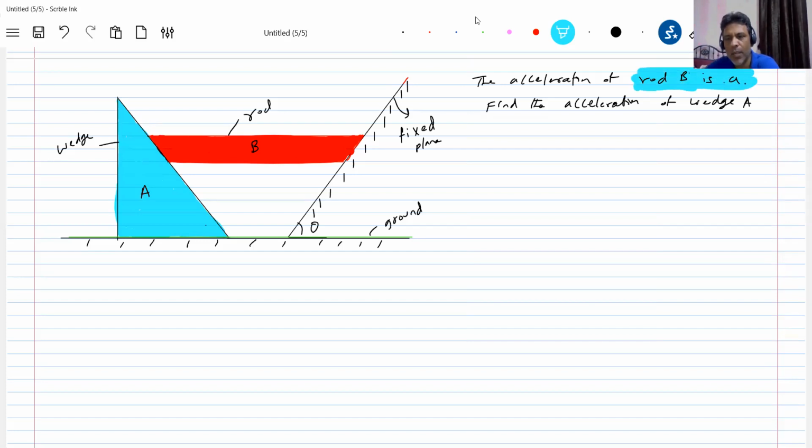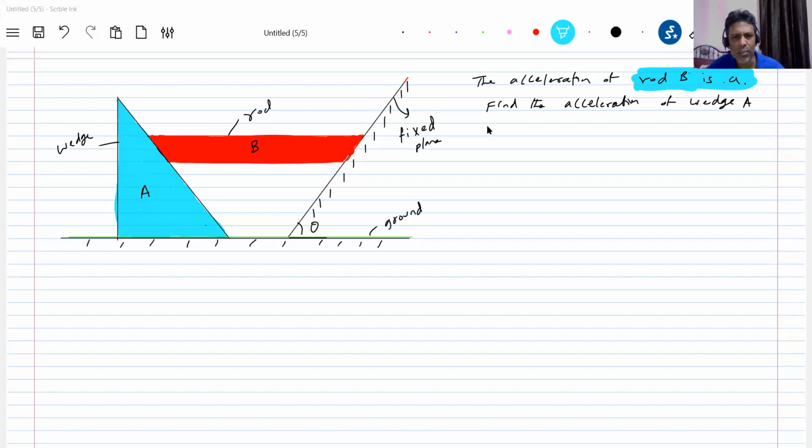Acceleration of the rod B is A, or if you want, write A naught or any other symbol. He's not telling the direction. Will it be vertically up?